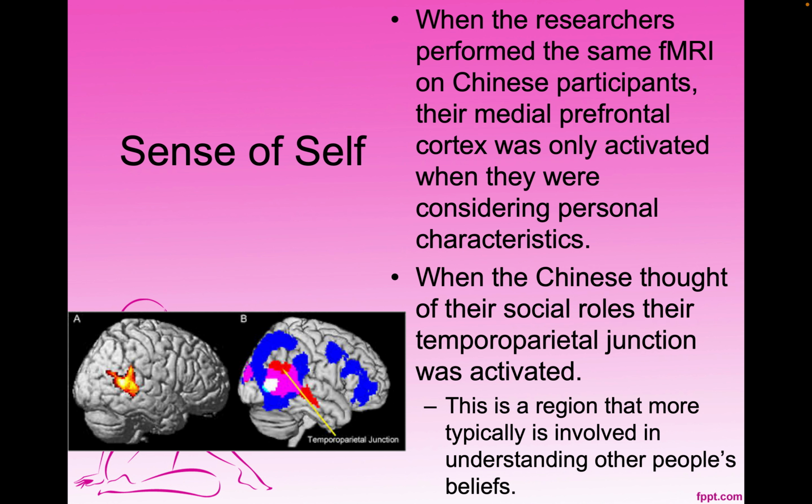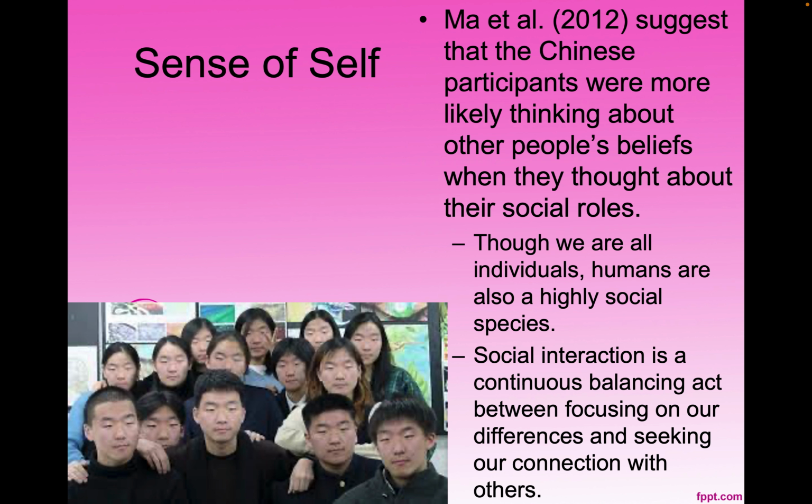It's a region that more typically is involved in understanding other people's beliefs. Ma et al. in 2012 suggests that Chinese participants were more likely thinking about other people's beliefs when they thought about their social roles.